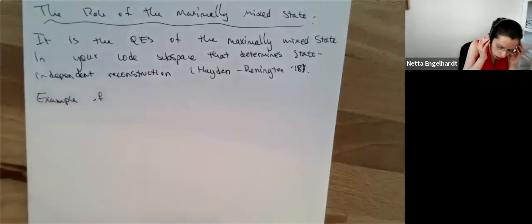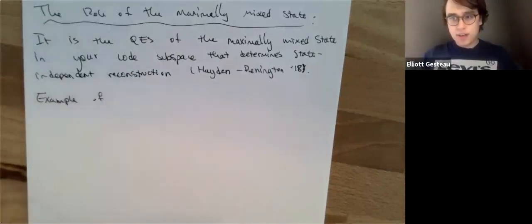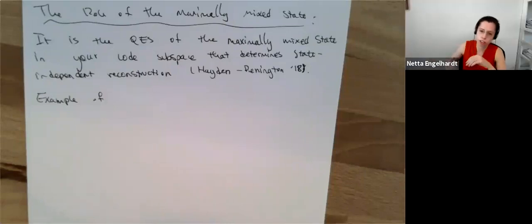Sorry, I just have a quick question. Of course. In the case where you choose your code subspace to be infinite dimensional, you wouldn't necessarily have a well-defined maximally mixed state, right? So is the answer that you always choose the code subspace to be finite dimensional because those are the ones you're interested in? Well, you could answer it that way.